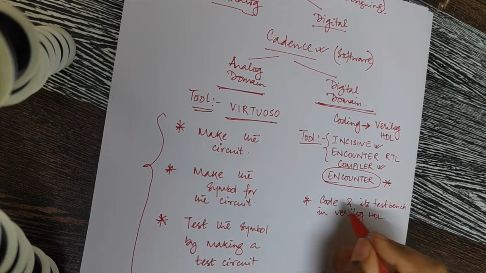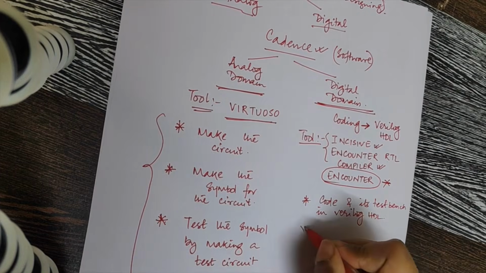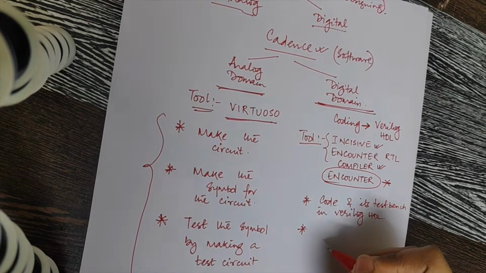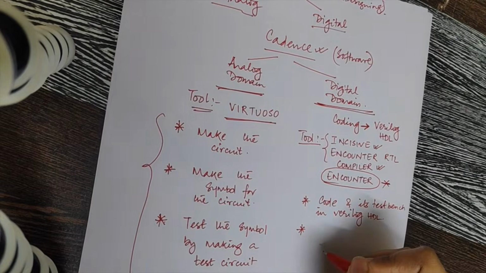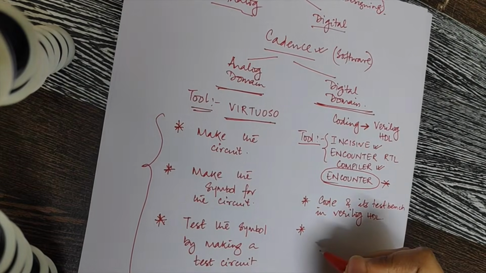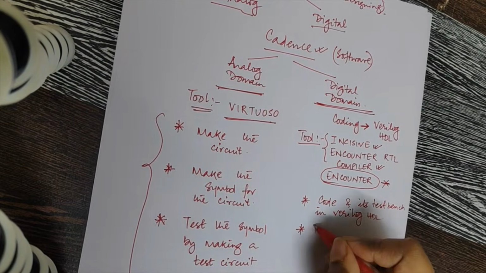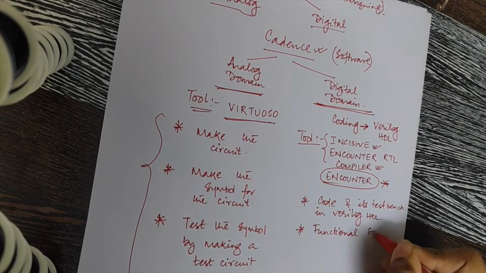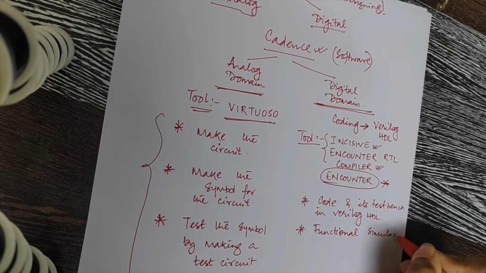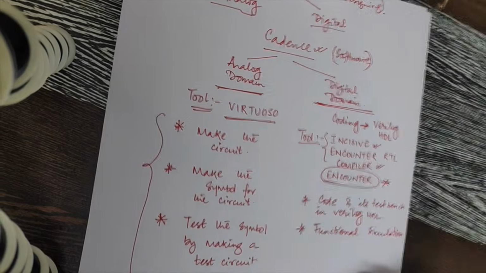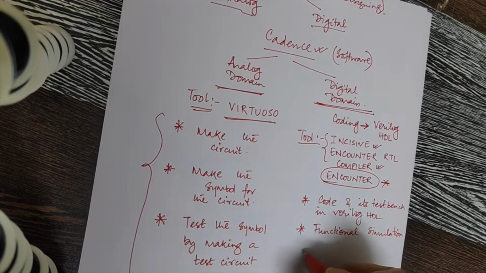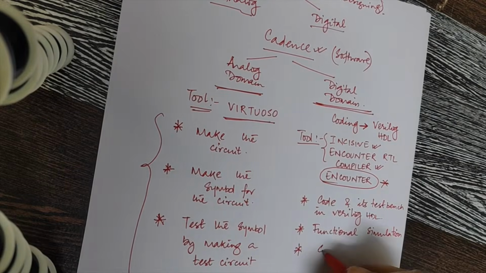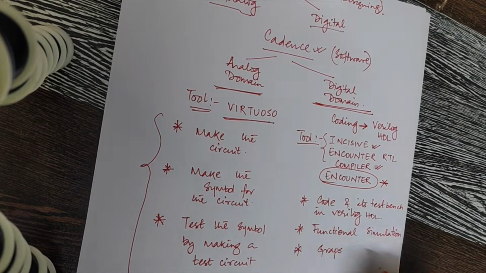After writing the code and test bench, what do you do? Normally when you are dealing with any coding related lab, you do functional simulation. From here you will be getting some graphs or results.